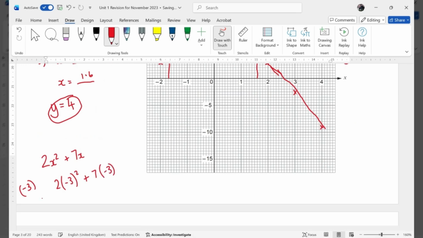I'm just looking at how I would put that number in there and work this out, okay? Then you do the indices first. So minus 3 squared is 9, right? So that becomes 18. And then 7, because this is a plus 7 times a minus 3. Well, a positive times a minus means that this is minus 21. So the answer to that would be minus 3.